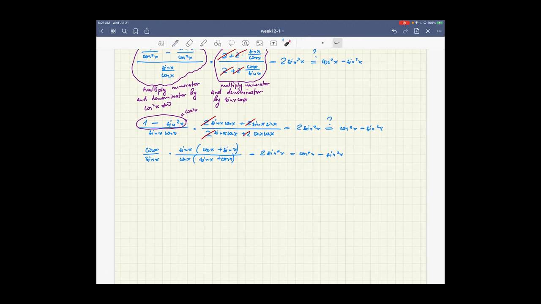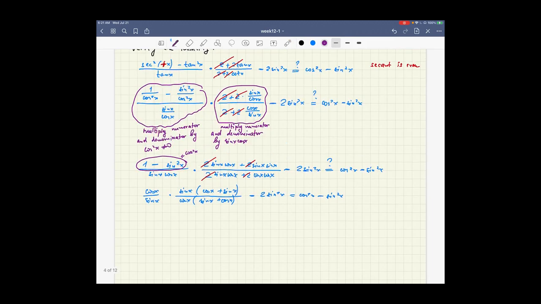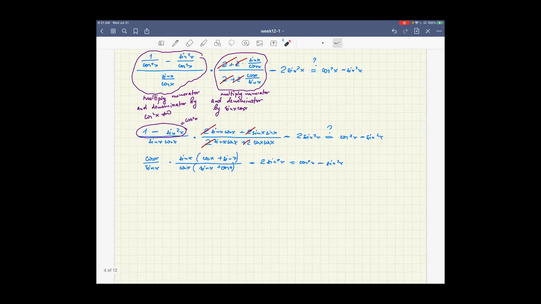Can sine plus cosine be 0 here, but not 0 here? Probably not, because if we have sine plus cosine 0, either sine or cosine are not 0. They cannot be both 0, because their squares must add up to 1.